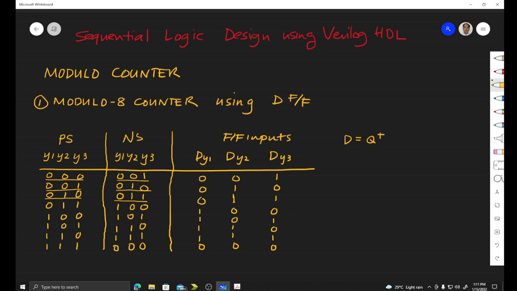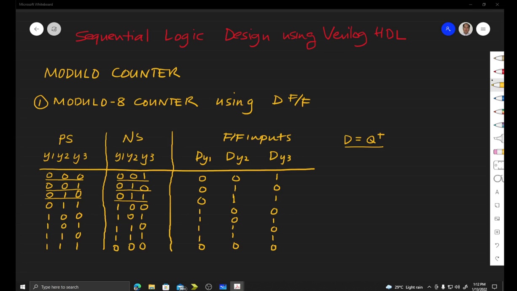We apply this equation again for next state y2. So we have our flip-flop inputs for dy2 as 0, 1, 1, 0, 0, 1, 1, 0. The same thing for dy3, or flip-flop inputs for dy3.